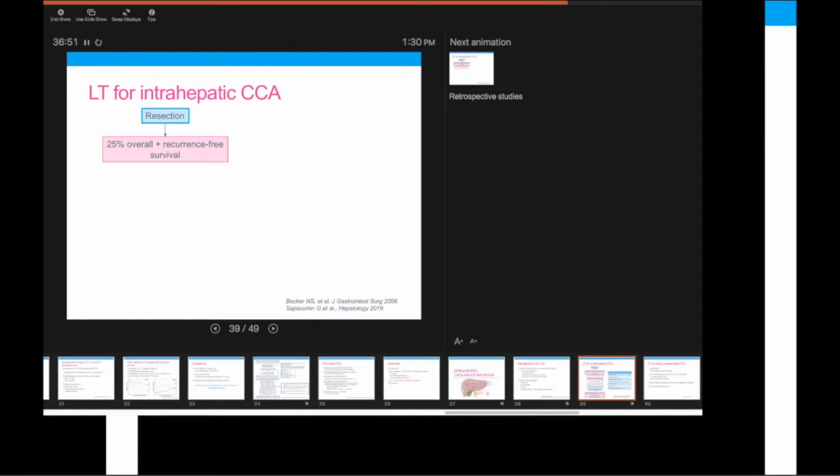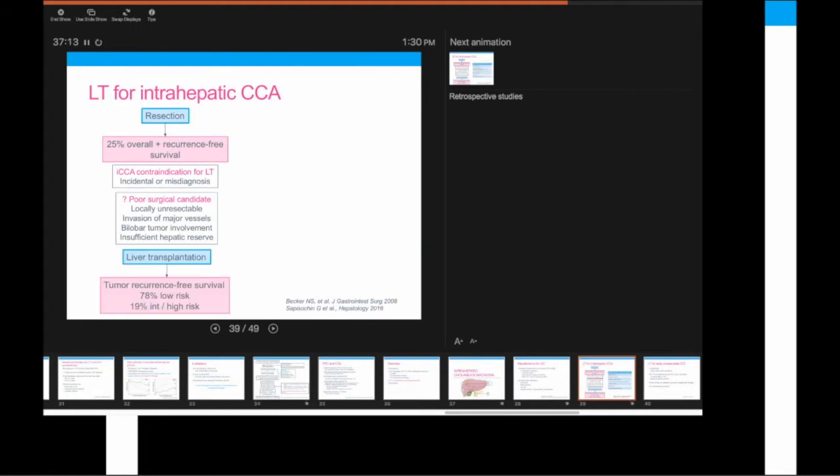It's 25%. Traditionally, intrahepatic cholangiocarcinoma was a contraindication for liver transplant due to incidental findings or misdiagnosis. However, in patients who are poor surgical candidates, what can we do? Can we consider them for transplant? What the study found is that in patients who underwent transplant, they were able to find tumor recurrence-free survival.